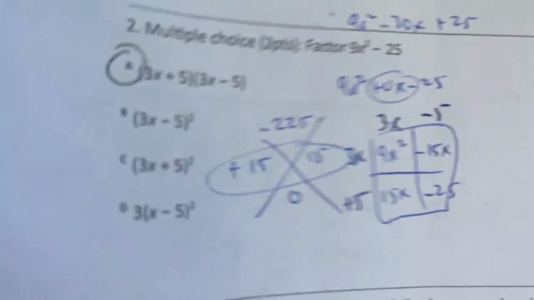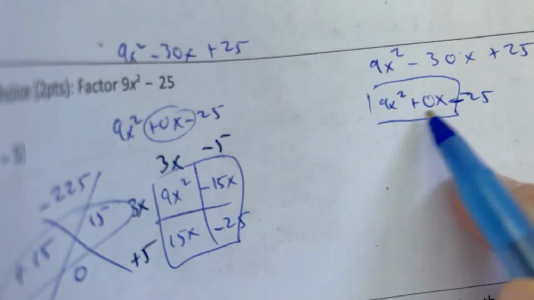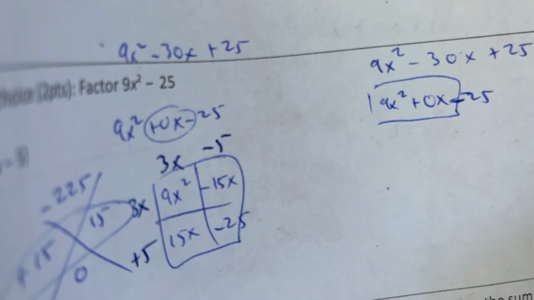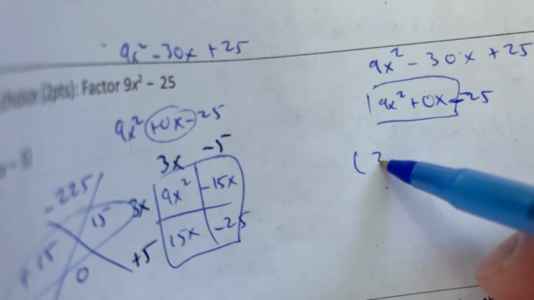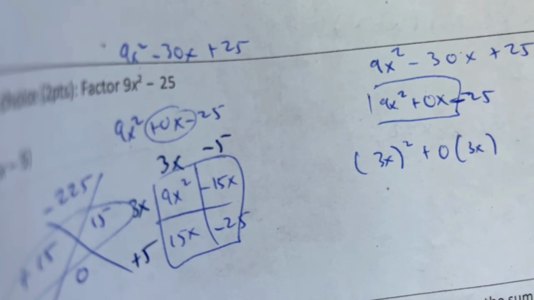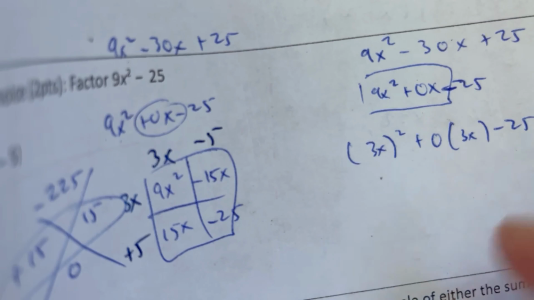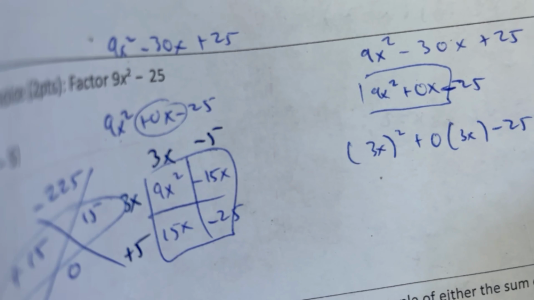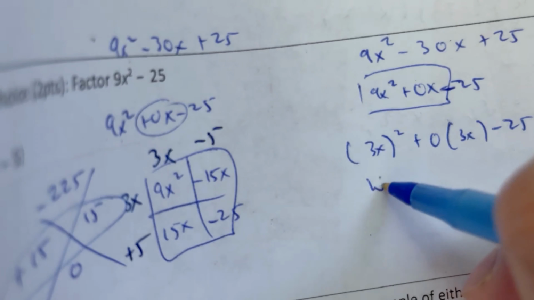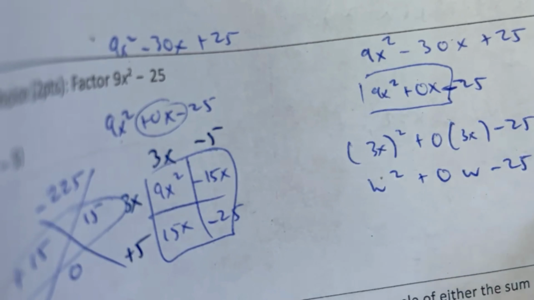If you did the same problem by chunking, you're going to figure out what can you put in here, and that'll be 3x. So this one you could do a 3x minus 25. And then pick your favorite letter like W. W squared plus 0 times w minus 25.